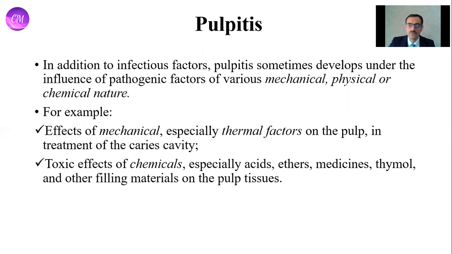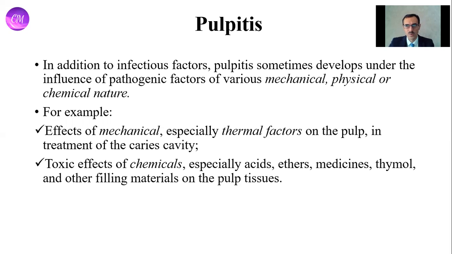In addition to infectious factors, pulpitis sometimes develops under the influence of pathogenic factors of various mechanical, physical, or chemical nature. For example, effects of mechanical, especially thermal, factors on the pulp in treatment of the caries cavity, or the toxic effect of chemicals, especially acids, ethers, medicines, thymol, and other filling materials on the pulp tissue.